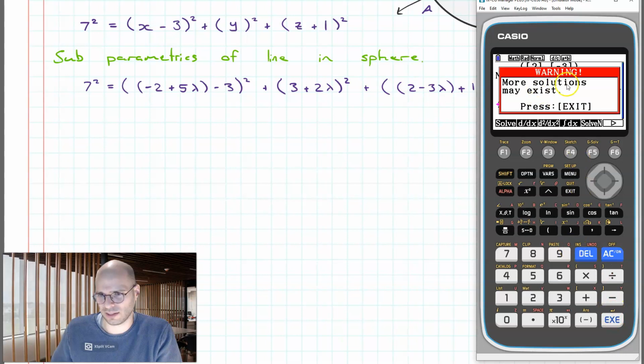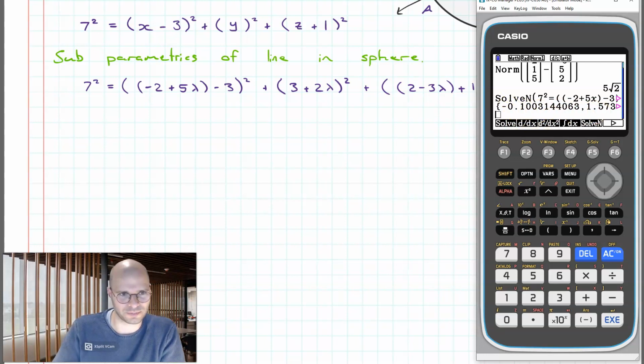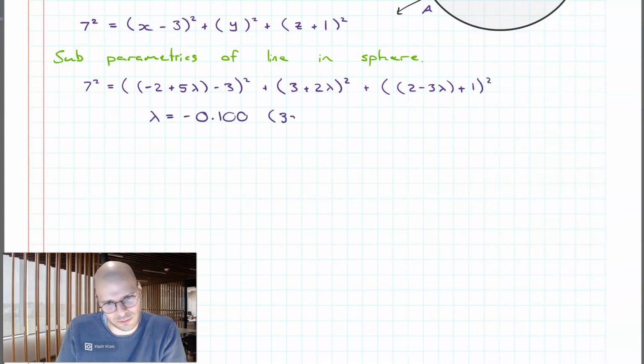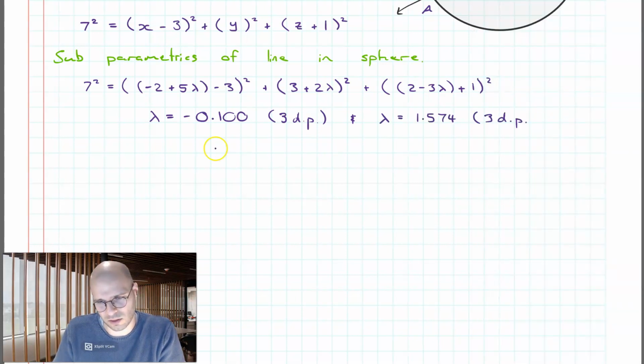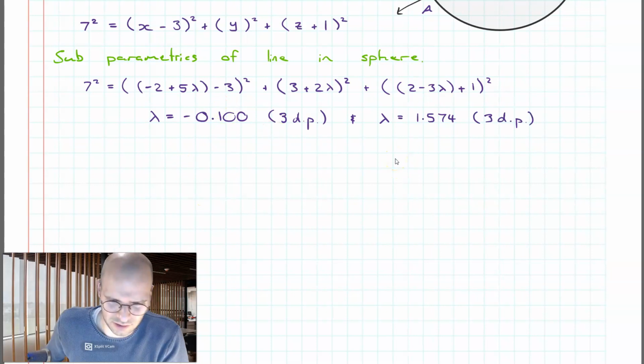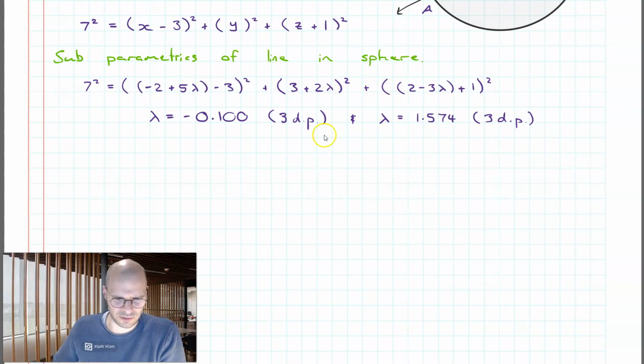It does a little bit of thinking, gives me a warning that there's multiple solutions, and here are my solutions. So negative 0.100, that's to 3 dp, and we're going to get 1.574. Alright, it's not ideal that it's not in its exact form, but it's just going to have to do for what we're working with here.